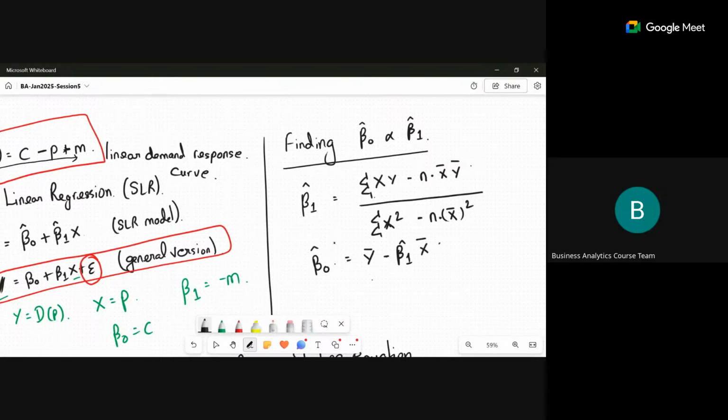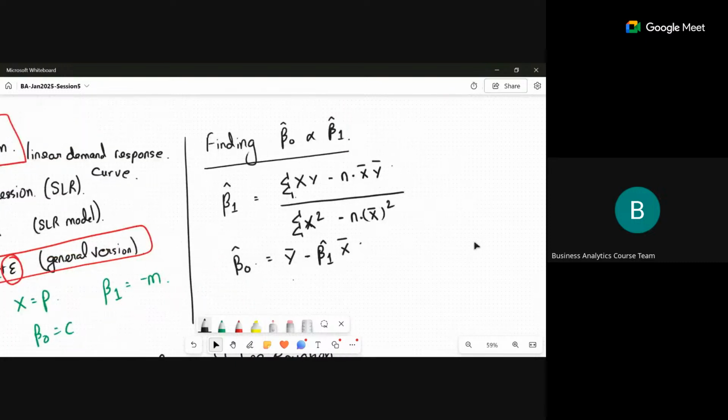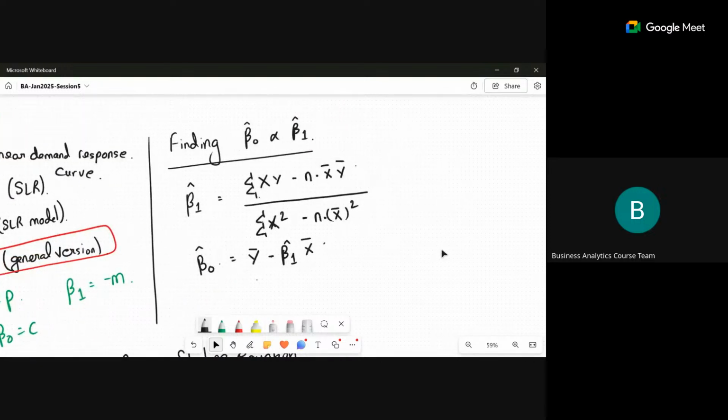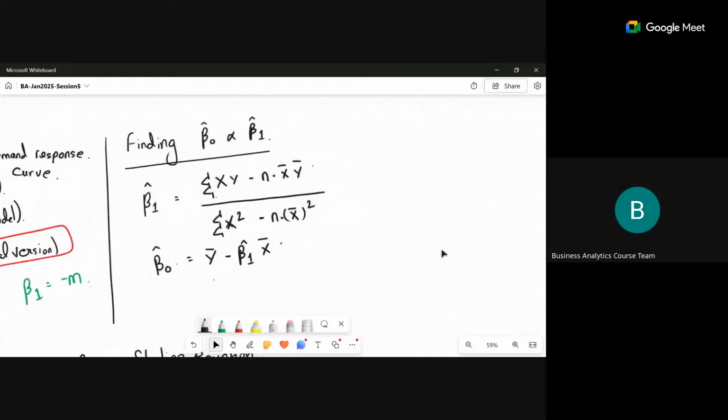So this is how you get beta 1 and beta 0. You can find similar versions for beta 2, beta 3 in MLR, not right now, but remember beta 0 and beta 1.